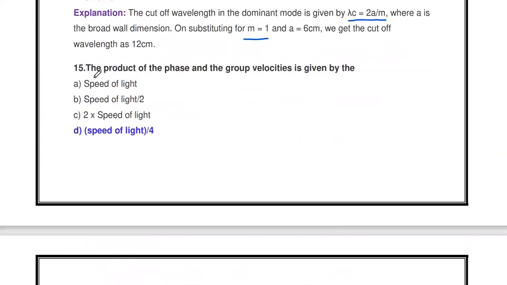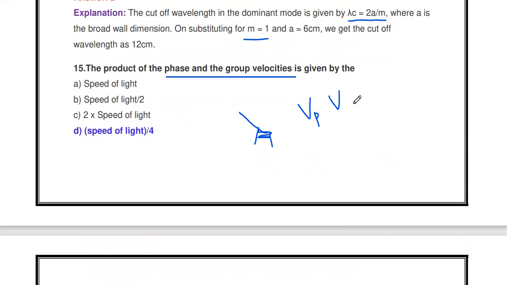Then the next one, the product of phase and group velocity is given by dash. Okay. So the group velocity and the phase velocity, that is Vp, phase velocity, and group velocity Vg.